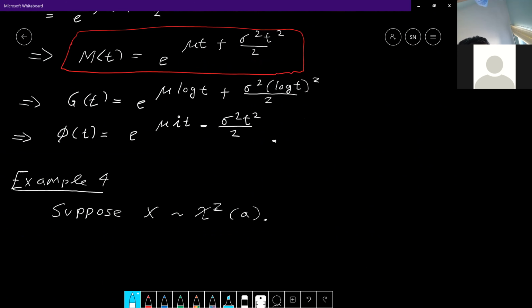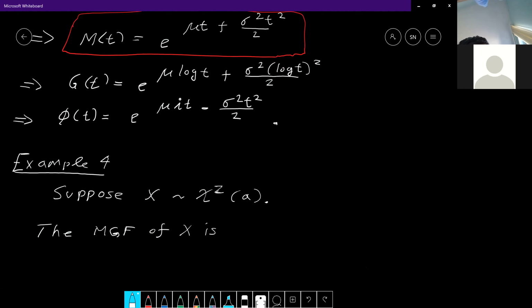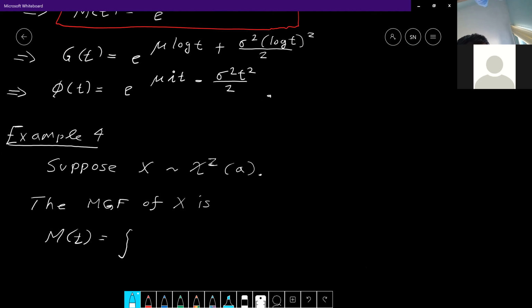Right now let's suppose we want to find the MGF. The MGF is the expectation of e to the power of tx, so this is multiplied by the density of the chi-square.